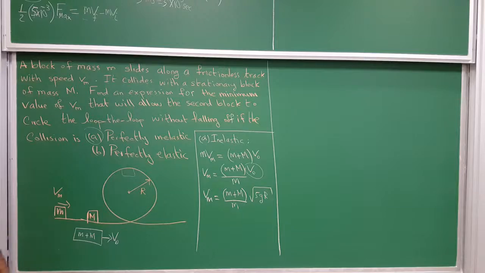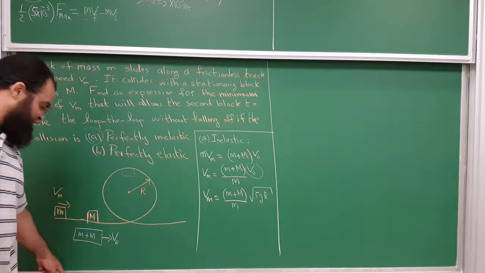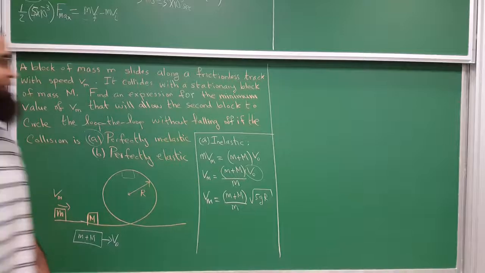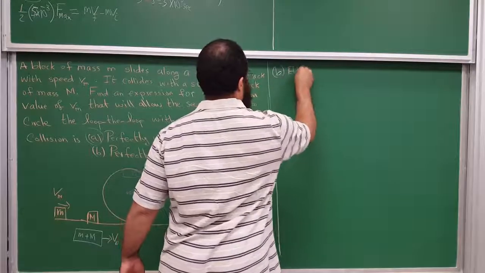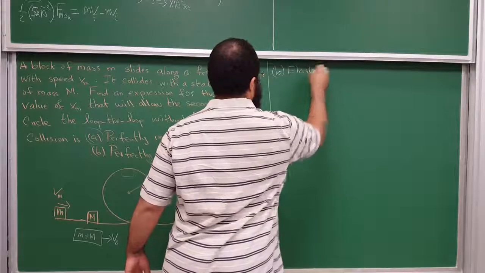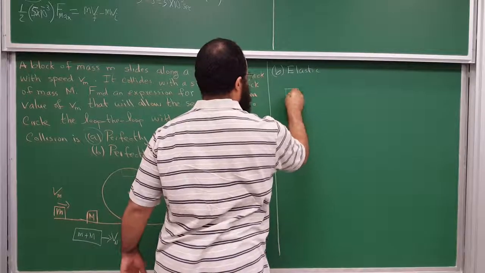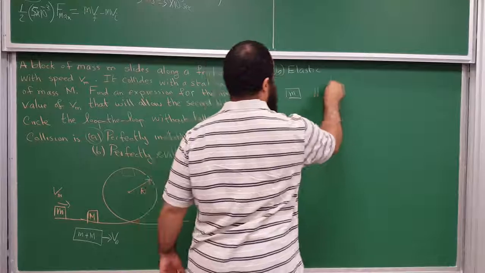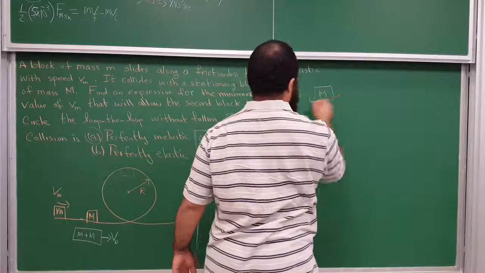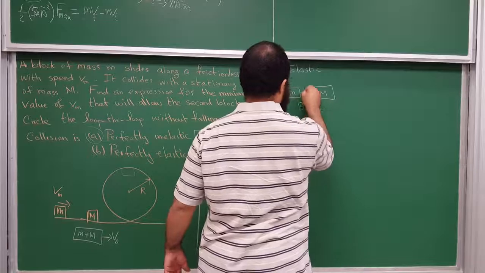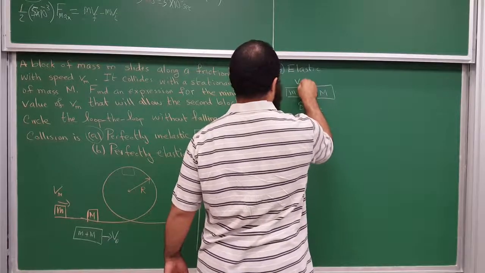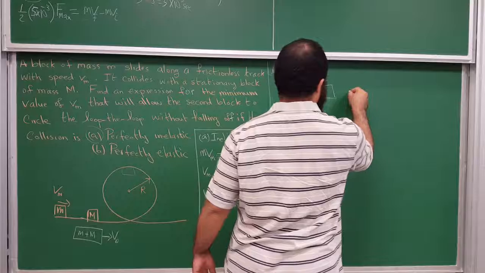Now, what if the collision is elastic? So part B. Well, for an elastic collision, you have m here and capital M here. This is before. This one is coming in with some speed Vm, and this one has speed 0.